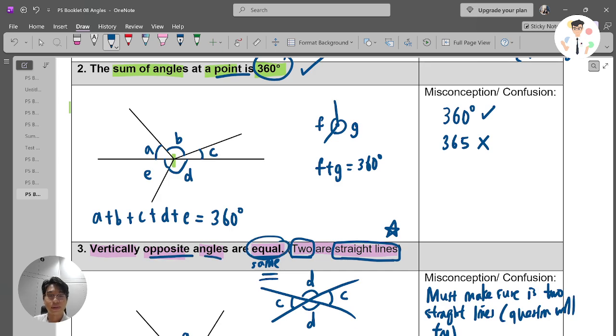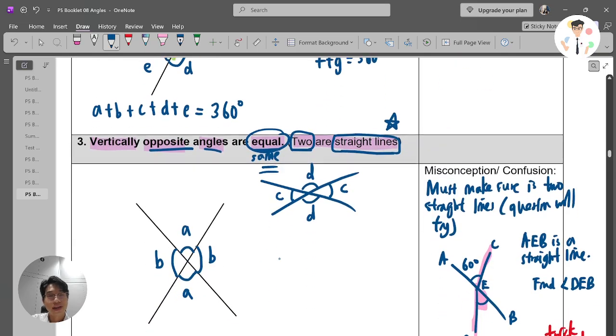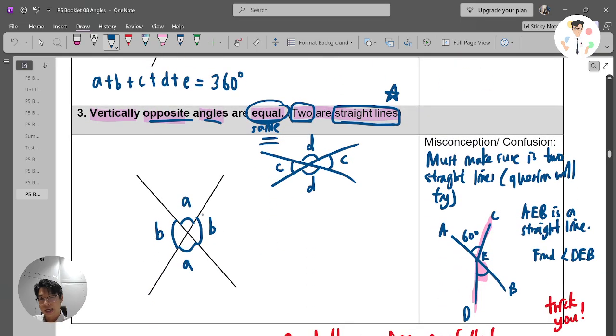Equal means the same. Now, I know some of you might be thinking, teacher, can I say A plus B is 180? Yeah, it's correct. A plus B is 180. Can I say 2A plus 2B, this 2A plus this 2B, is 360? Yeah, you're right. So with that, now you actually know how these things work.